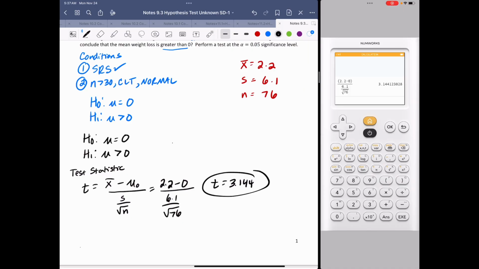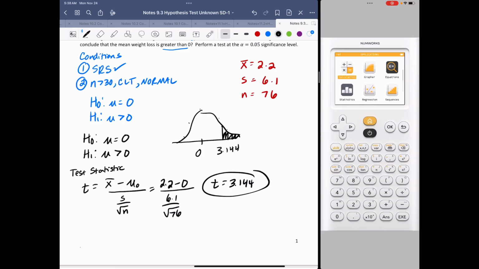All right, I'm going to draw my T up here. And I'm going to put a 0, and I'm going to put 3.144. And I want to find this area. So on my calculator, I'm going to go to distributions because I'm going to do the math. I'm going to do a student's T. I need my DF for this.